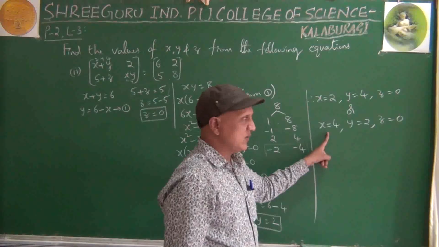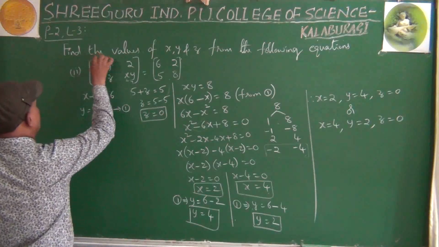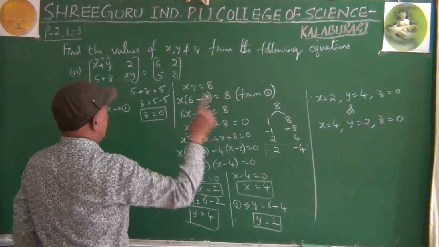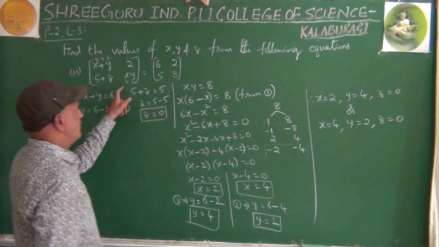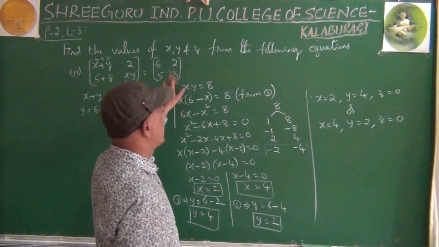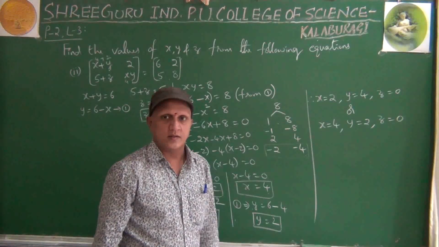Otherwise, this one, x value 4, y value 2: 4 plus 2, 6. X value 4, y value 2, 4 2s are 8, correct? Means both the answers are correct. Okay?